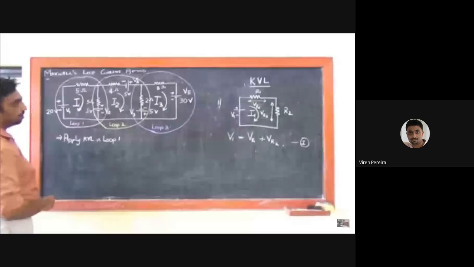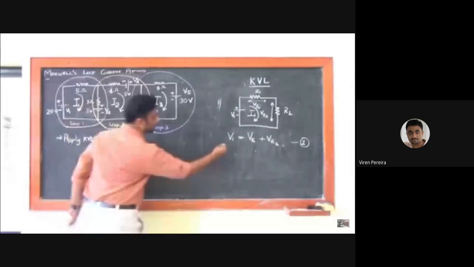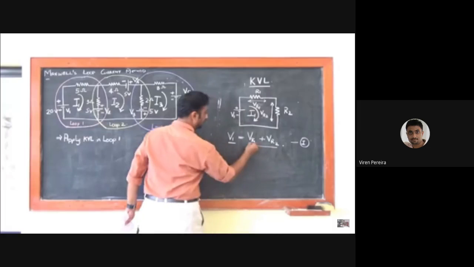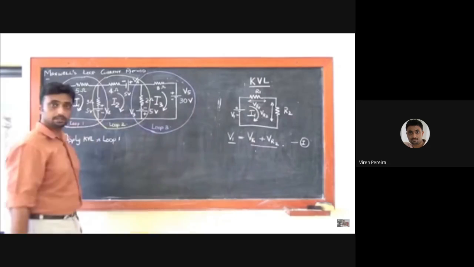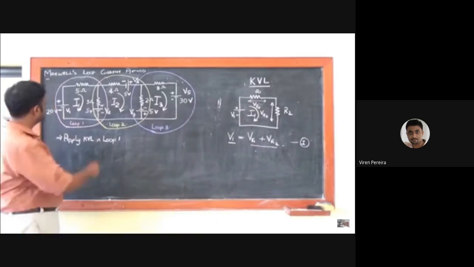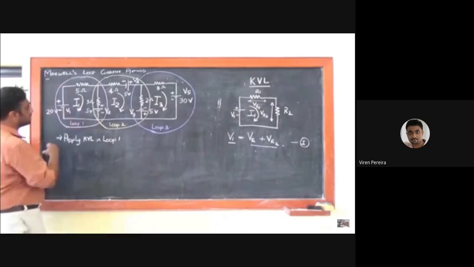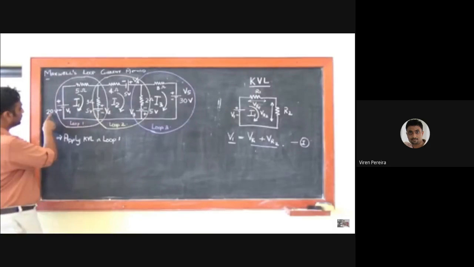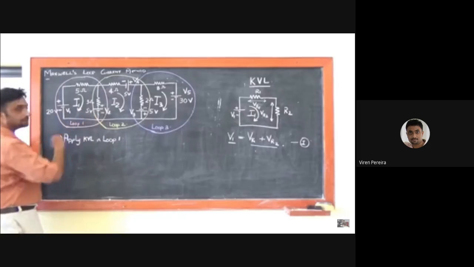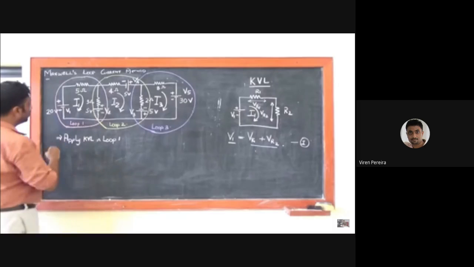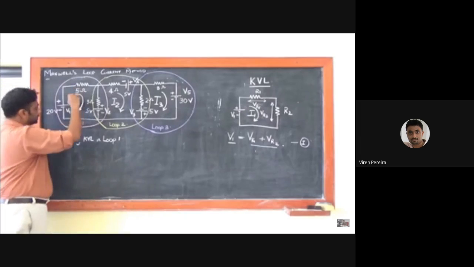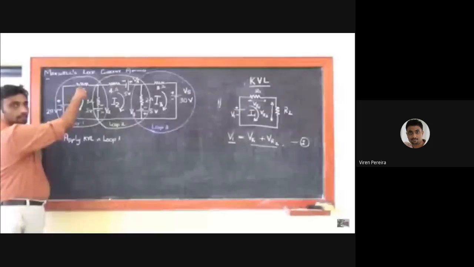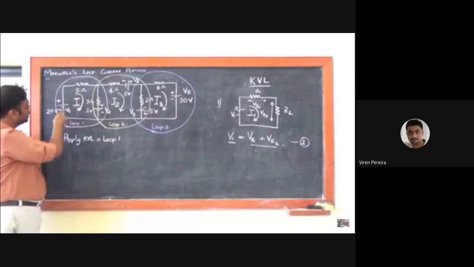Always remember, start with all the voltage sources and then all the voltage drops. So how many voltage sources do we have? We have V1 and V2. V1 is how many volts? 20. V2 is how many volts? 5 volts. Now, what direction of current have we assumed? We have assumed the clockwise direction.